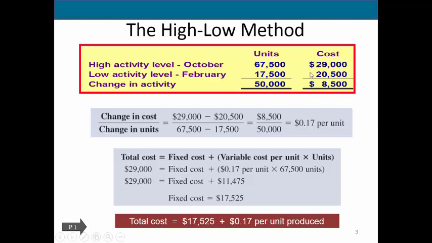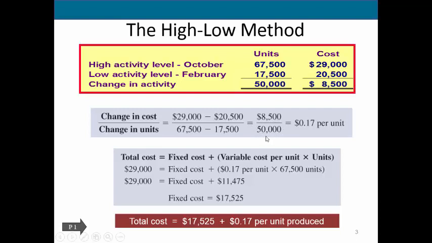The difference in our costs when we changed from the high to low month, we had a total difference in our cost of $8,500. So we'll put the change in our dependent variable in our numerator and the change in our independent variable down here in our denominator.